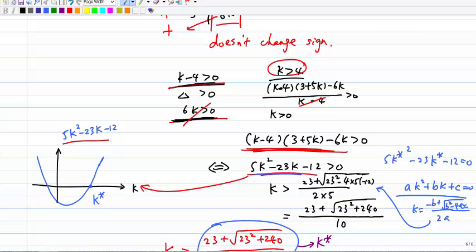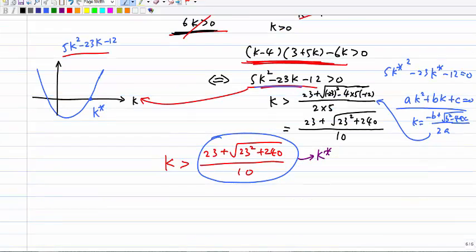So you consider a is 5, okay, a is 5, so it's 2 times 5, this b is negative 23, so it's positive 23 plus square root of negative 23 squared, which is the same as 23 squared, minus 4 times 5 times negative 12. Okay, so let's make this negative 23 squared, to make it straightforward. Okay, that's 2 times 5. So this one becomes 23 plus square root of 23 squared plus 240, divided by 10.